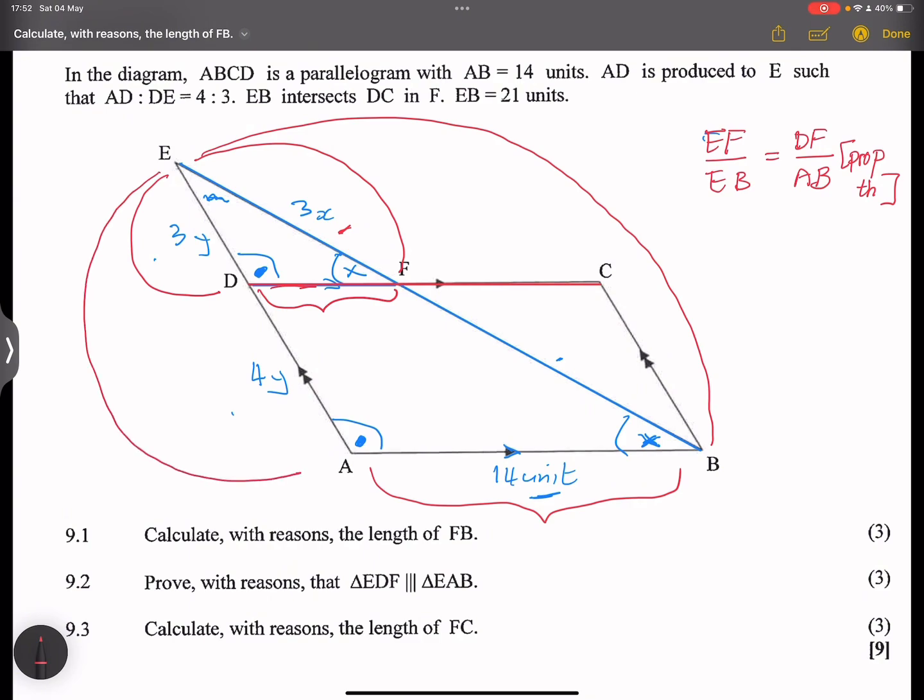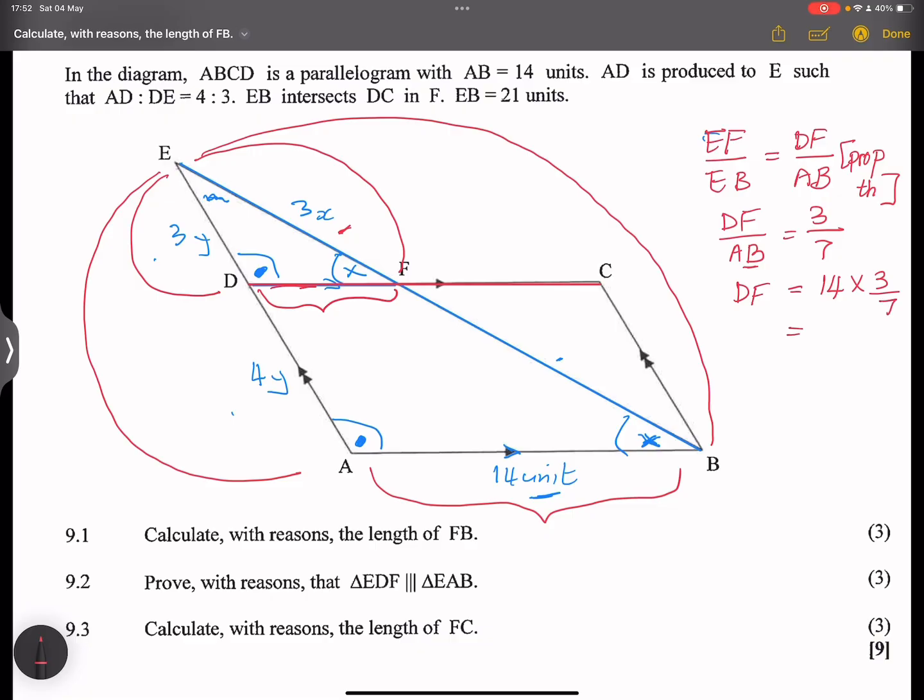So which means DF over AB is also equal to 3 over 7. But I'm looking for the size of DF. So this will be AB, and AB was 14 units. So this would be 14 multiplied by 3 over 7.